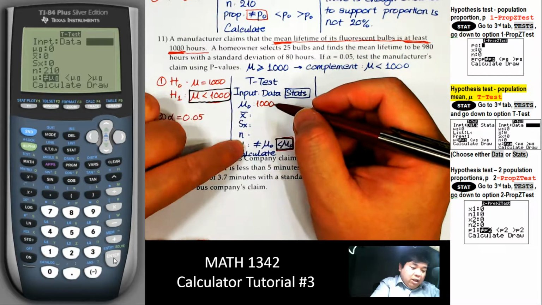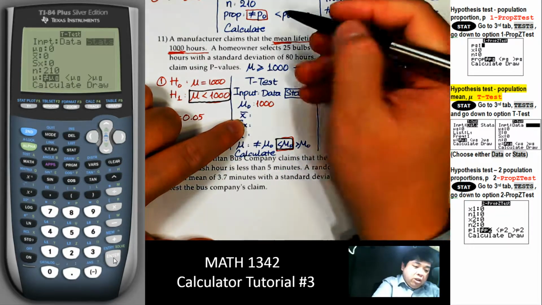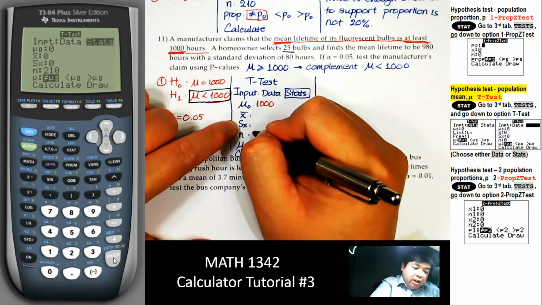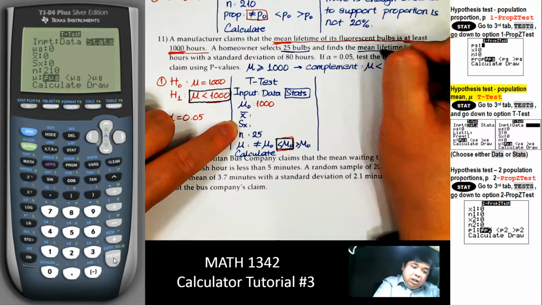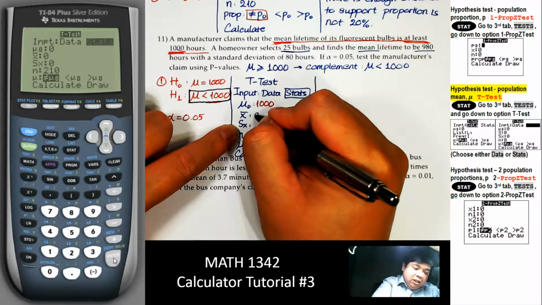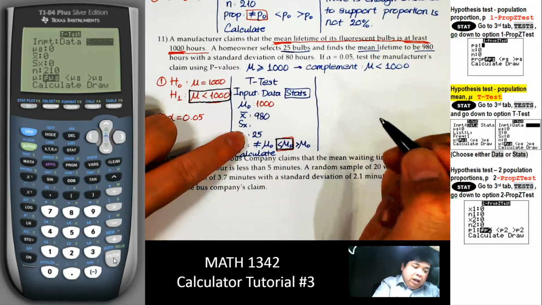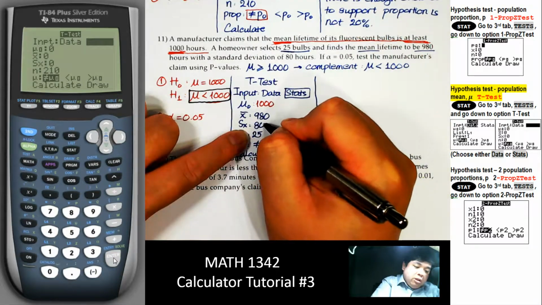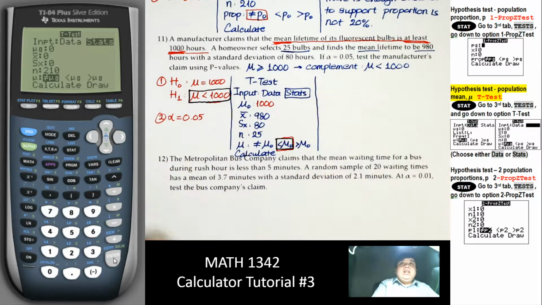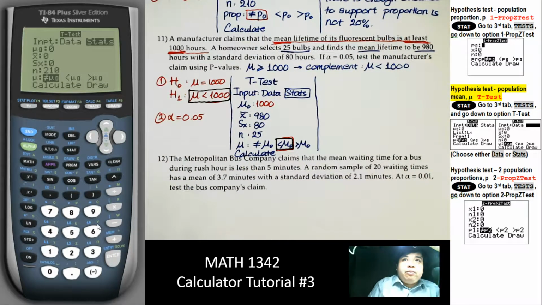And then we have the information for the sample. So we look at the sample, we have 25 for n, 25 light bulbs, and the mean of 980, and the standard deviation of 80 hours. So we have that in the calculator. So the mean of 1000.